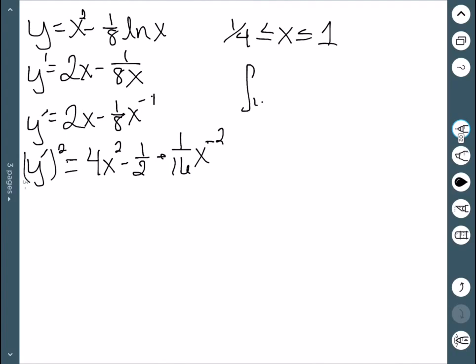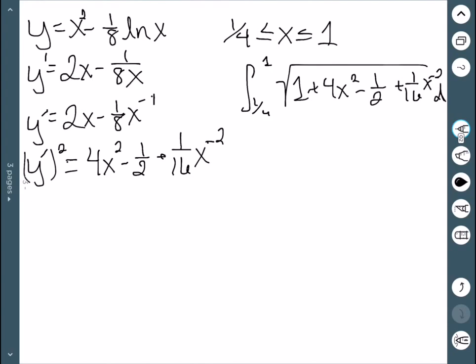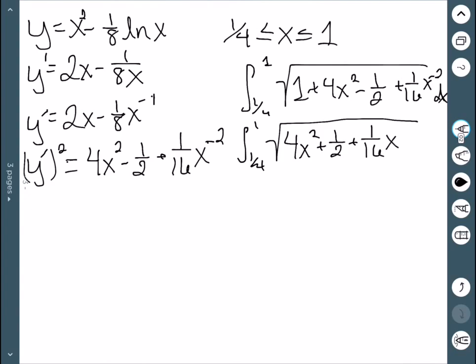Therefore, we have the integral from 1/4 to 1 of the square root of 1 plus 4x squared minus 1/2 plus 1 over 16 x to the negative 2 dx. Well, this doesn't really look like it can simplify a lot. I can combine the 1 and the 1/2. That gives me 4x squared plus 1/2 plus 1 over 16 x to the negative 2 dx.